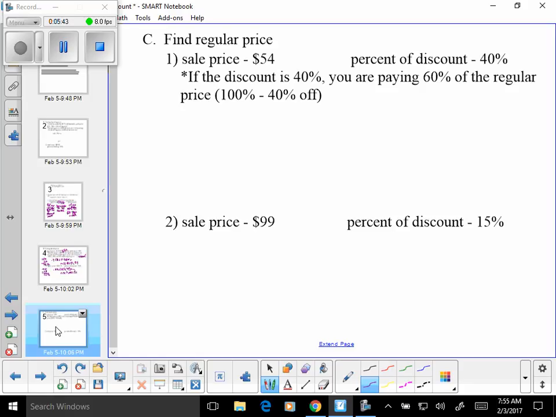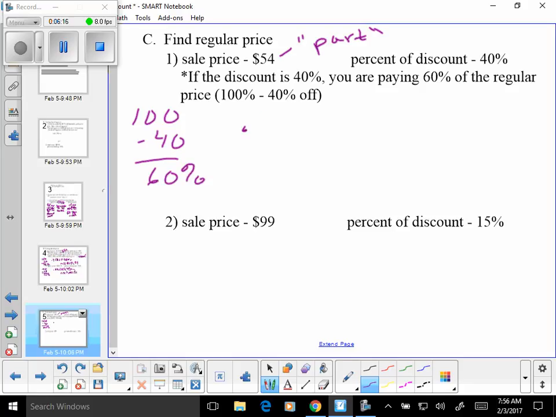This sale price is the part. The thing is, we're not going to take 40%, we are going to take 60%, because we're not paying 40% of the regular price, we're actually paying 60% of the regular price. So one way to think of it is to take 100 minus 40, and we get 60%.